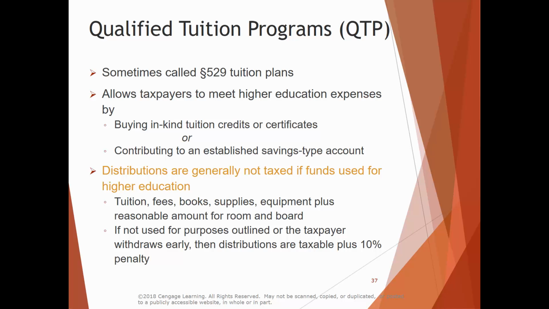And then when you pull it out, the distribution isn't taxed, obviously. The thing you have to be aware of is when you pull money out of a 529 to pay for college, you can't use those same dollars towards any of your education credits, right? Same as when you pull money out of a flex plan, you can't use it for your medical deduction. So you can never double dip.